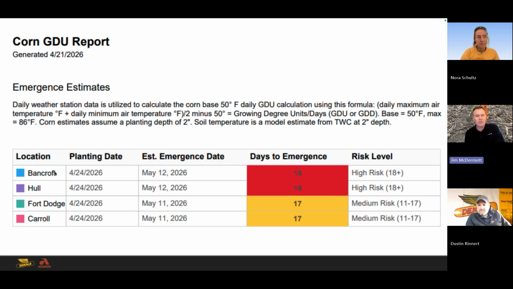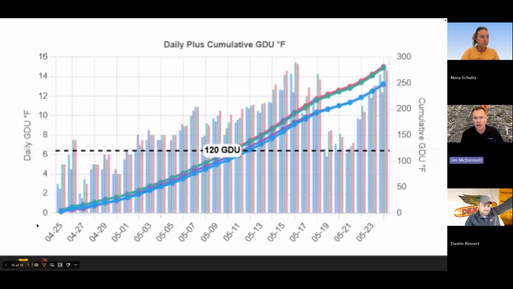You think, oh, we've got pretty ideal planting conditions now, which we have. We've got really good heat for this time of the year. But if you go to the next slide, you can see what's triggering these high risks and the longer days to emergence. Really those next few days, once we get to the 25th, which is Saturday, and from then on, we just are not accumulating many GDUs, especially on the 27th and 28th.